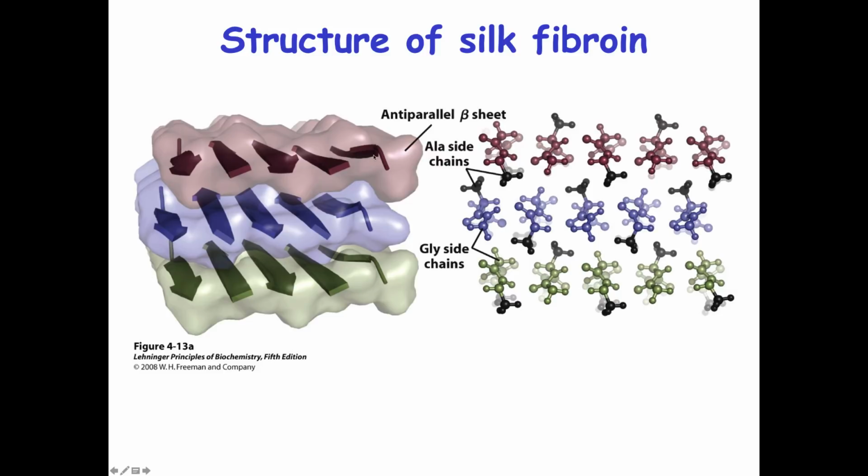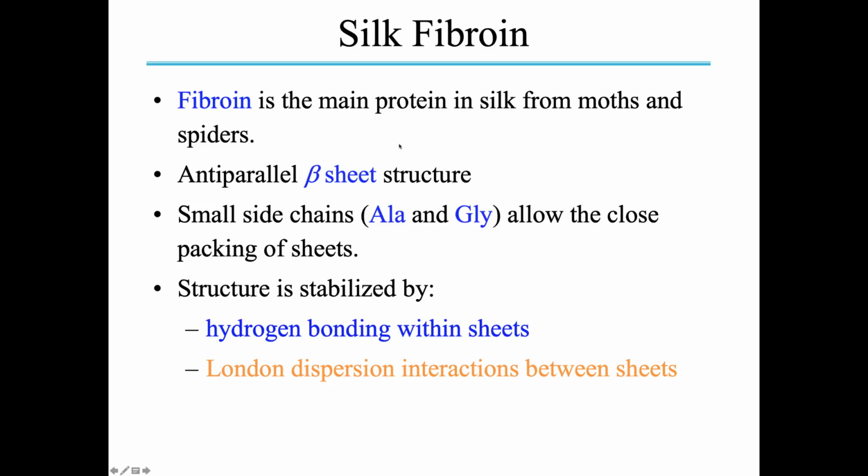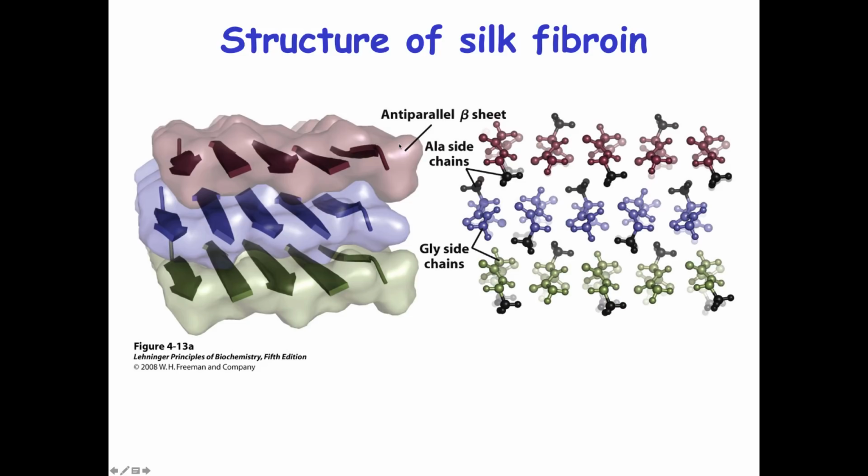And then here we see the antiparallel beta sheet, so that antiparallel nature is denoted by the directions of the arrows. Each sheet is designated by a different color, and so we have red, blue, and green.